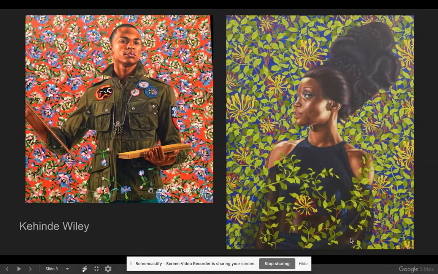You can see how they entangle around the woman here and around this gentleman here. He actually goes out on the streets and finds his subjects. He might find them in a grocery store, or walking somewhere, and then he's like, oh, this is exactly the person I want in my painting. And then he offers to pay them to model for him.